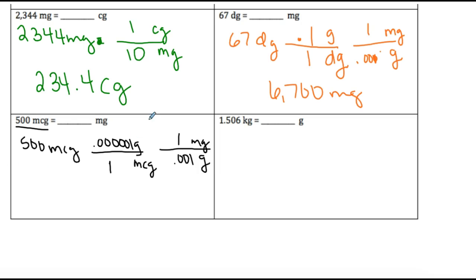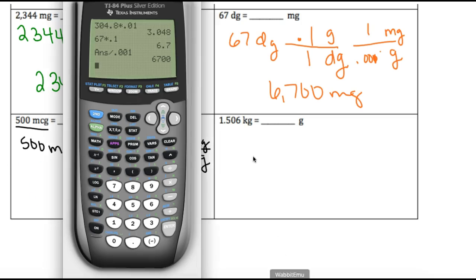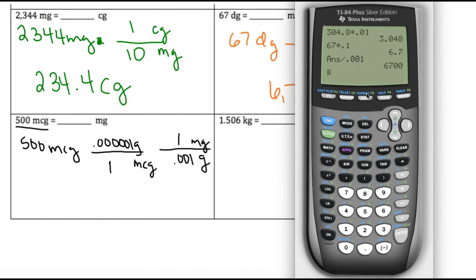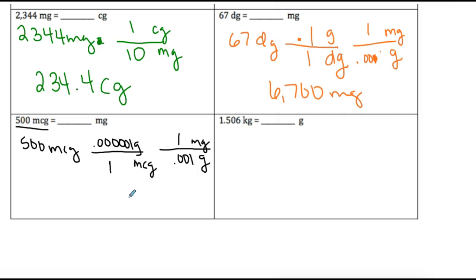Okay, so if we multiply this out, I'm going to move my calculator to the side. 5 times, it's 500. Make sure I read carefully. 0.1, 2, 3, 4, 5 zeros and a 1. Then I'm going to divide by 0.001. And I get 0.5. So this would be the same thing as 0.5 milligrams.